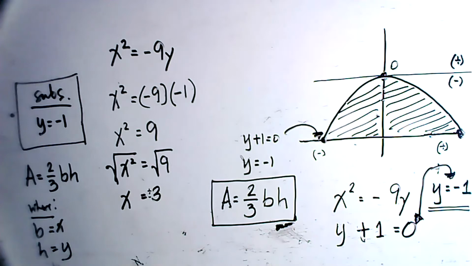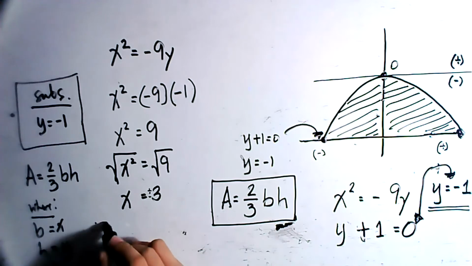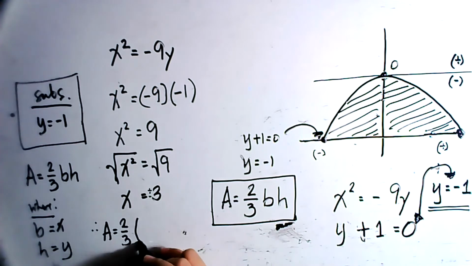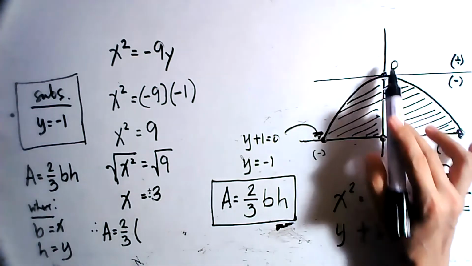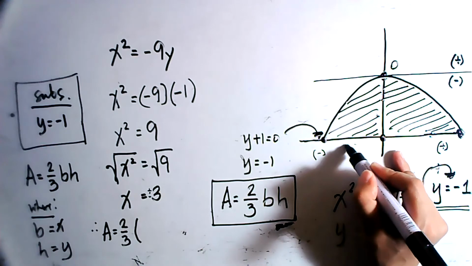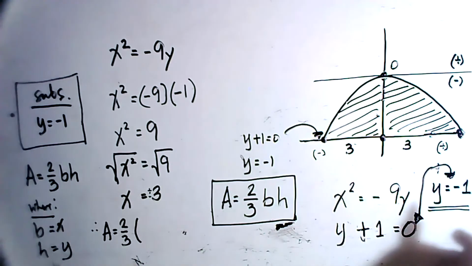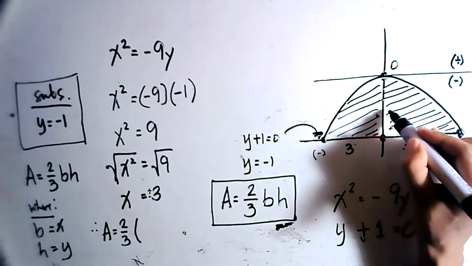And take note that if you are going to make use of that in the determination of the area, then the area will be equals to 2/3. And take note that the base here from the point of origin is 3 units, and this is also 3 units, while this one is 1 unit.